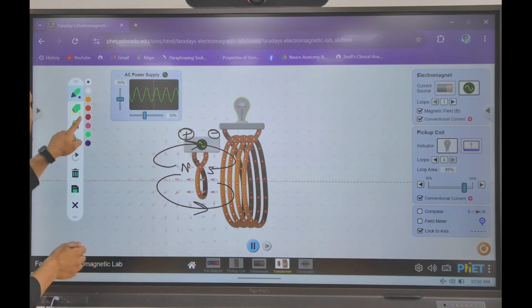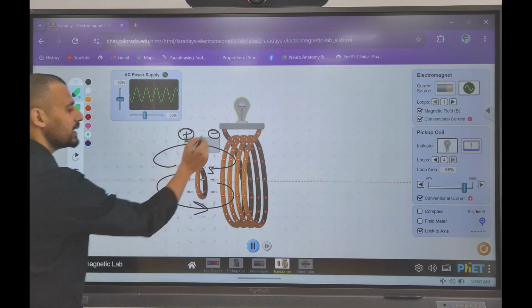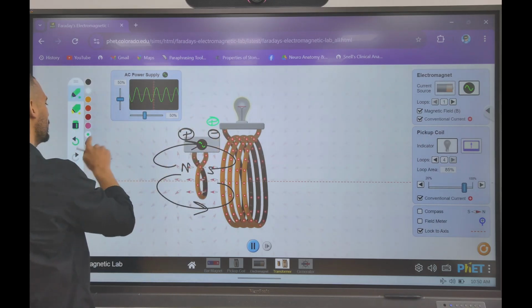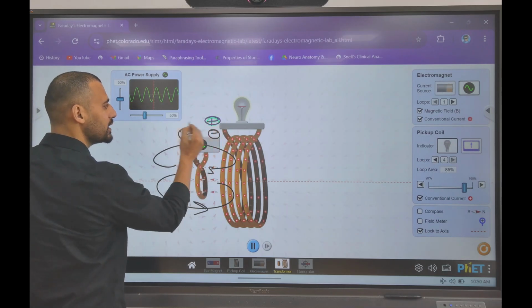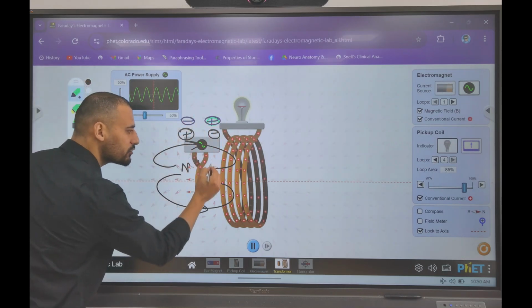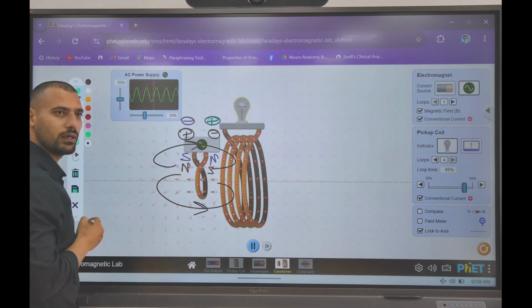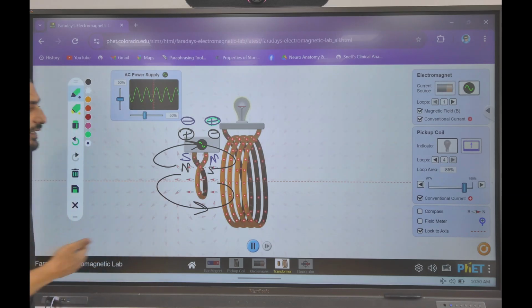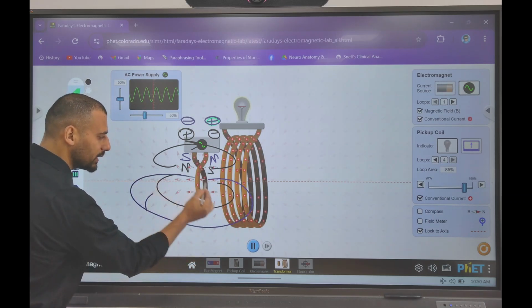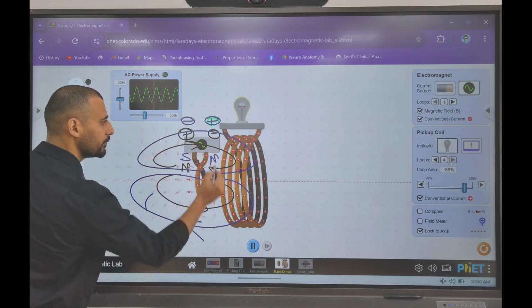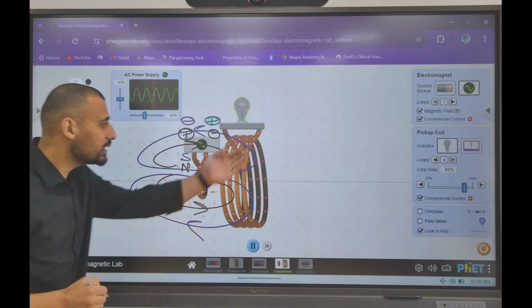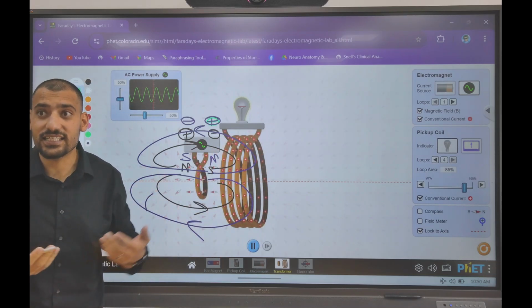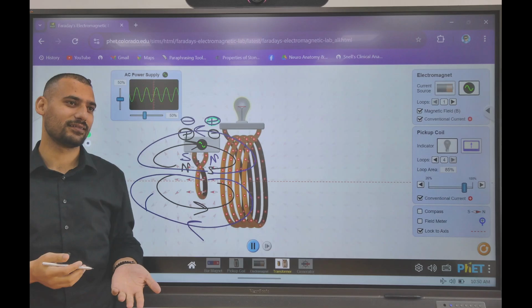When the polarity gets reversed, for example, this becomes positive and this becomes negative. Now the direction of the magnetic field will reverse. When the magnetic field will reverse, it will be something like this now. Now, this coil is again sensing the change in the magnetic field.